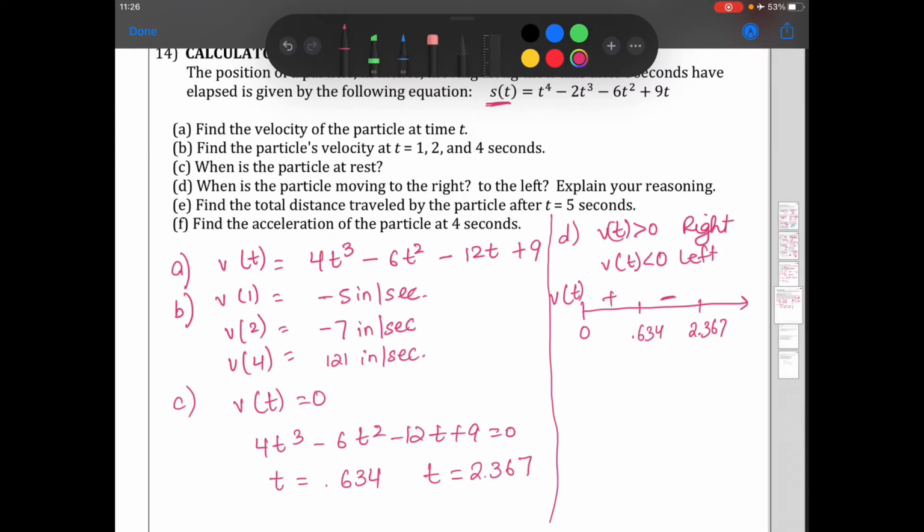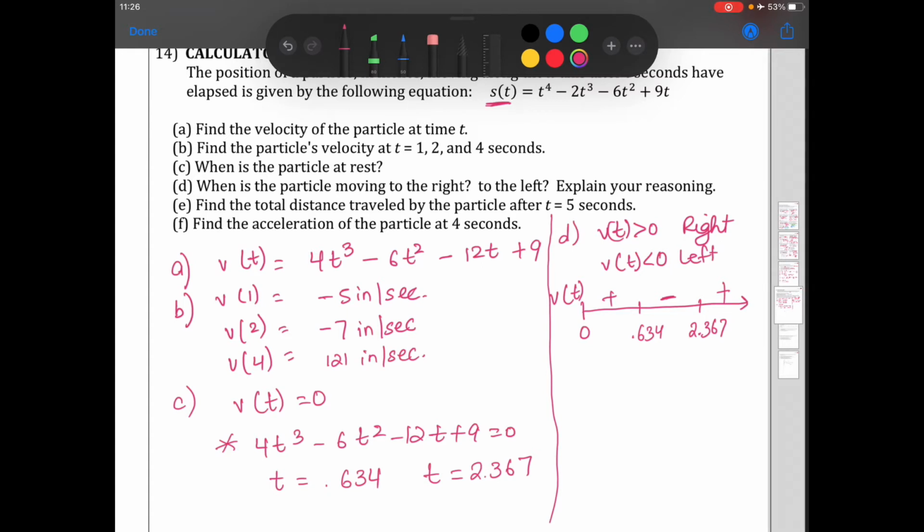Again, use your calculator to just substitute. You're substituting in my velocity equation, because it's a velocity number line. And if I pick a number, let's say 1, if I substitute in 1 here, I do end up with a negative number, and then this would be positive.